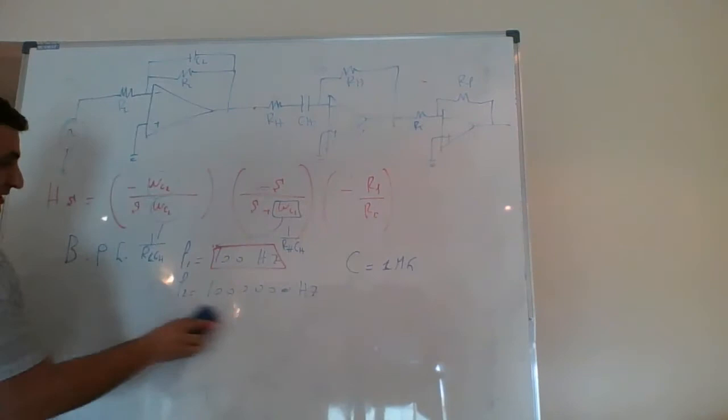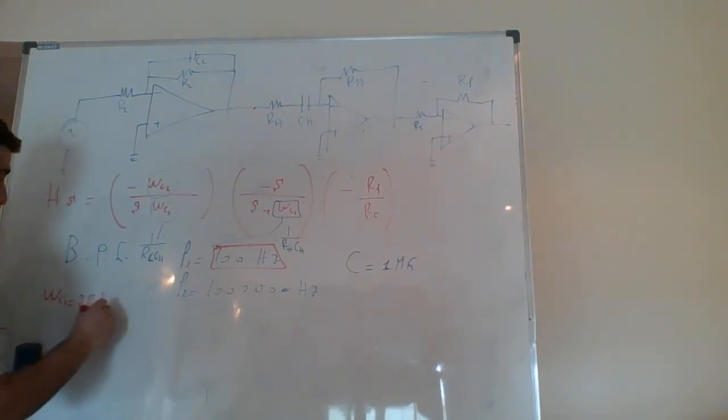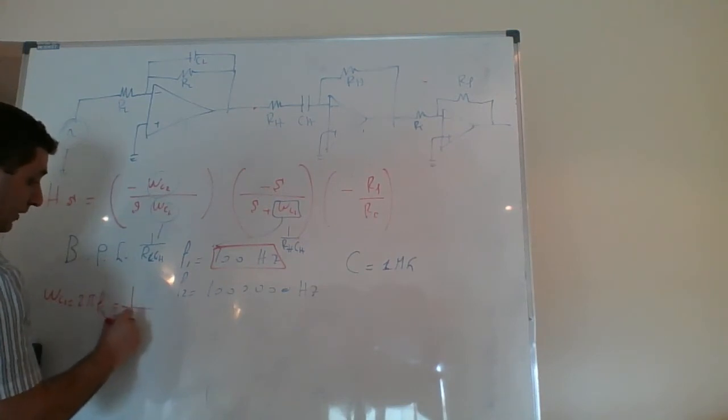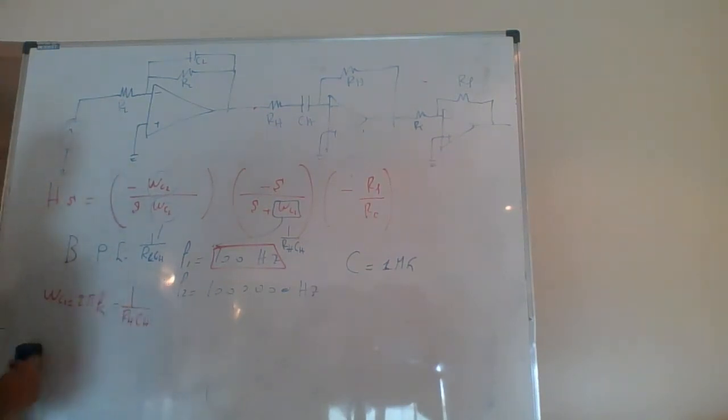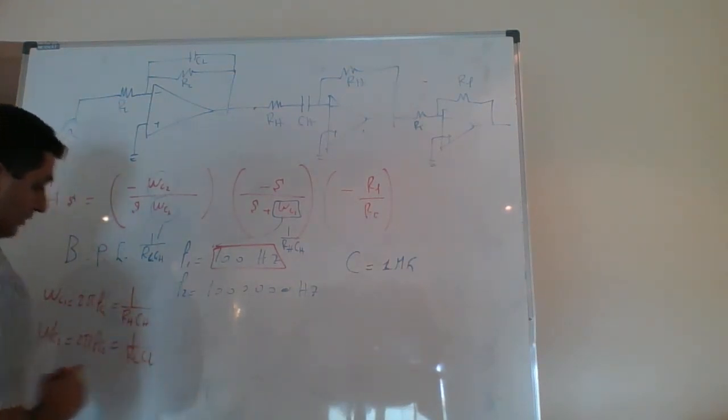Omega C1 is equal to 2 pi F cutoff 1, which is equal to 1 over RH CH. Omega C2 is equal to 2 pi F C2, which is equal to 1 over R low C low.